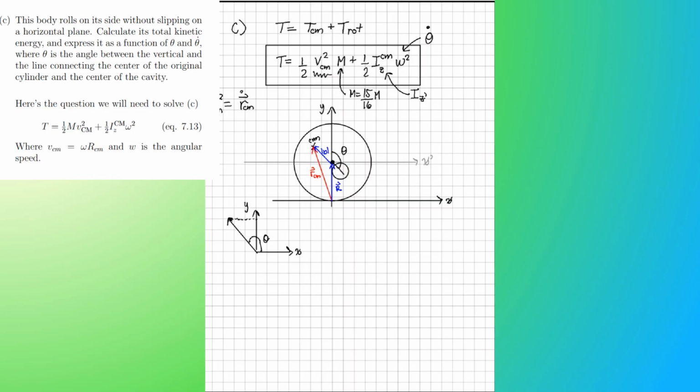So we see that b sine theta is equal to x and b cos theta is equal to y. Here I use the full angle just to make sure we get the right positive or negative. If we had used theta minus 90 degrees, we would have to figure out what's the plus and the minus.